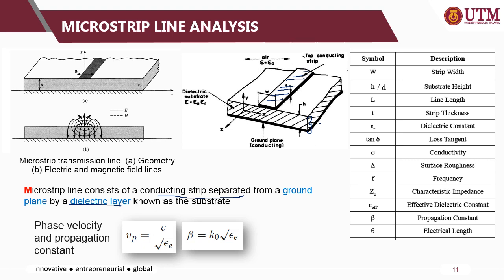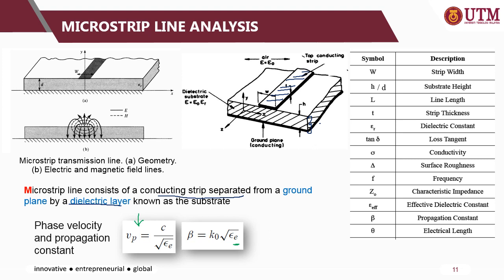Again, the same parameters are used in the analysis. The phase velocity can be calculated by this one, and the beta is using the same equation, k naught square root of epsilon effective. But for strip line, it's k naught square root of epsilon r.